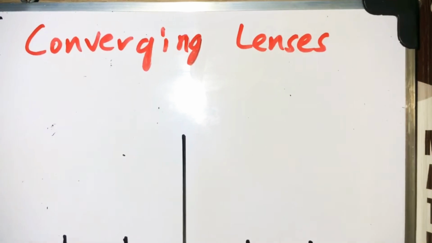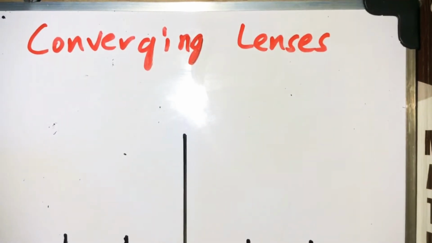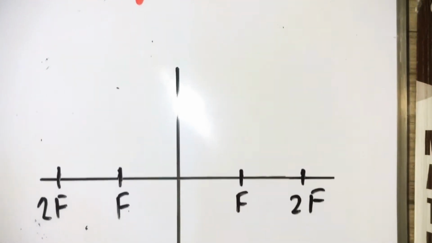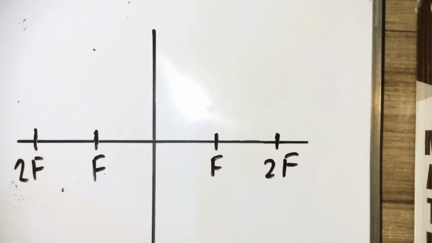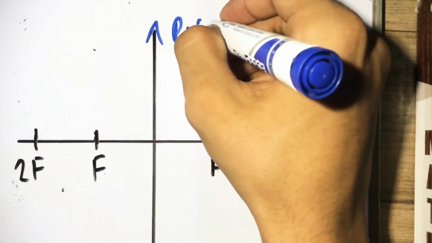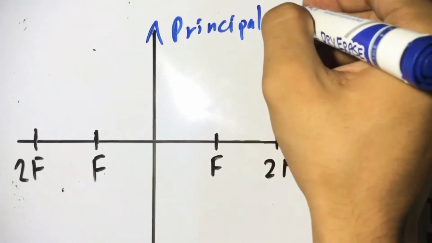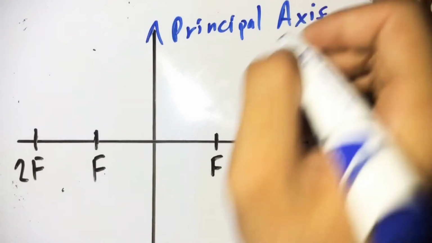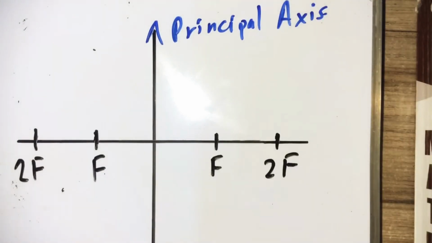Now we'll do some cases of the converging lenses, but first we'll learn three types of rays that can be formed or drawn. Now the vertical line is the principal axis of a converging lens. These are the two focal points, and 2f is twice the focal length.